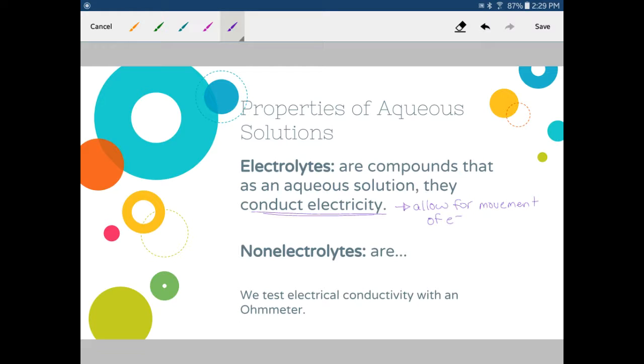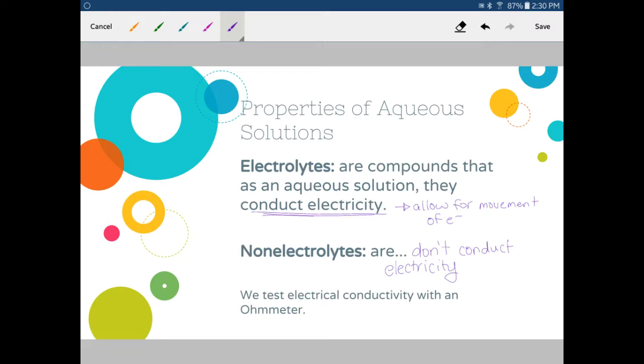That's super important as we go through. Now, electrolytes are compounds that conduct electricity, so non-electrolytes are compounds that when in an aqueous solution, do not conduct electricity. And we test this electrical conductivity with what we call an ohm meter.